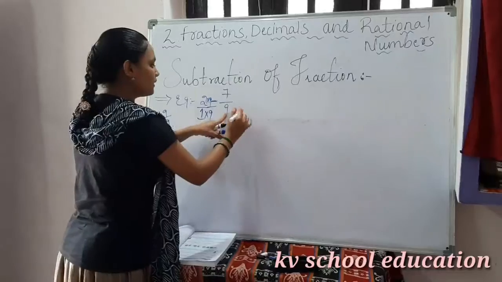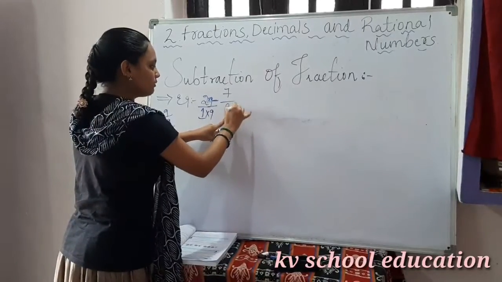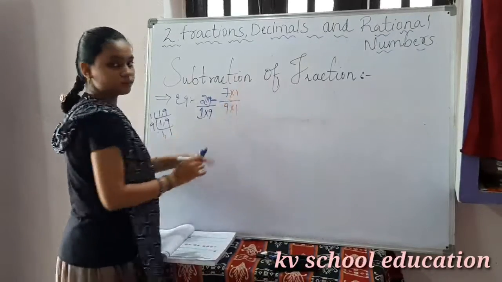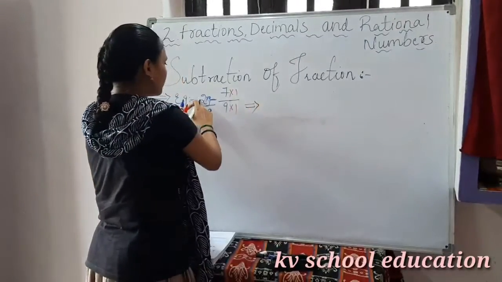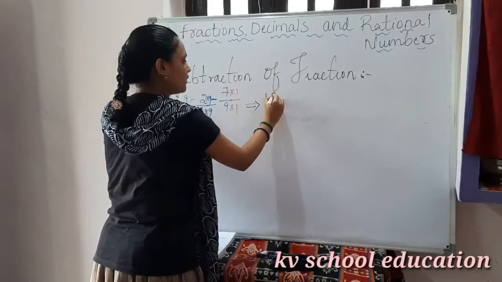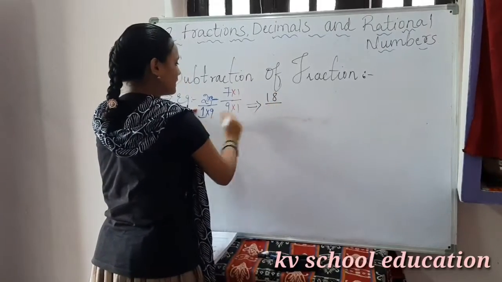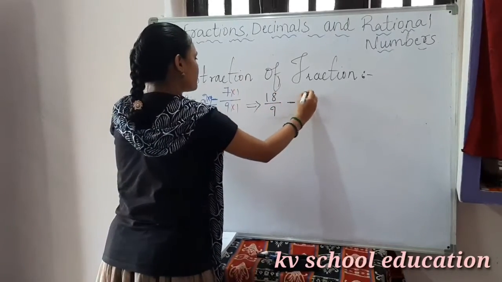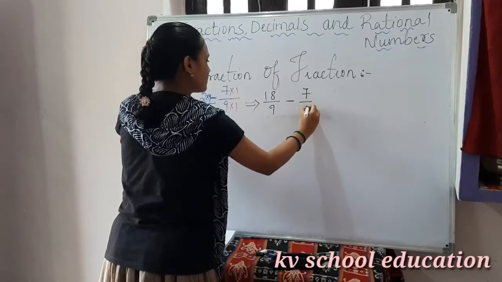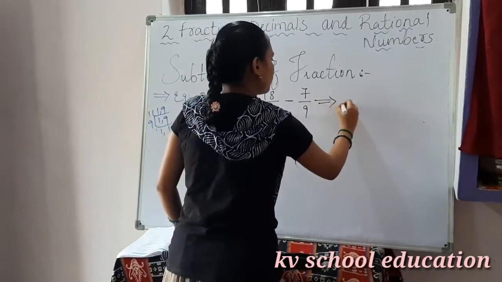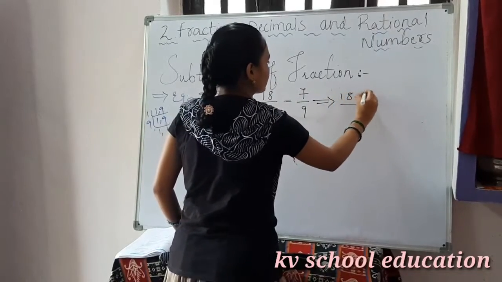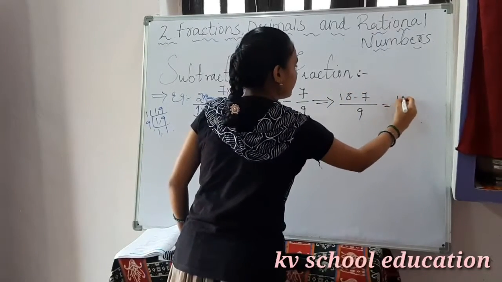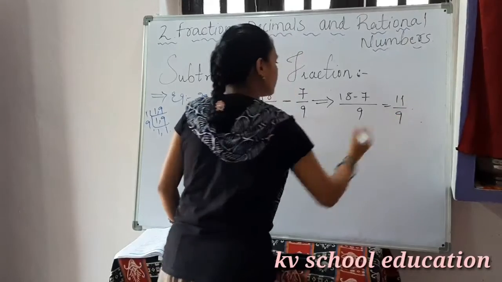And in the 9 table, 9 will be possible at 1, and 7 ones are 7. Next step, 9 twos are 18 by 1 nines are 9, minus 7 ones are 7 by 9 ones are 9. So whole 9, 18 minus 7. 18 minus 7 is 11, so 11 by 9. This is an example.